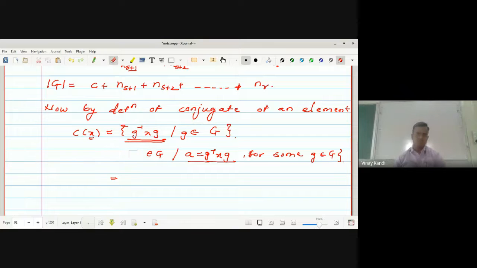So this is the conjugate of an element x: G inverse x G, where G belongs to capital G.